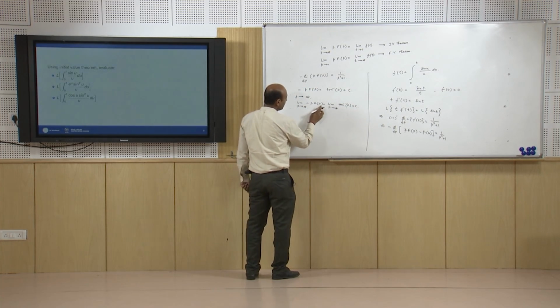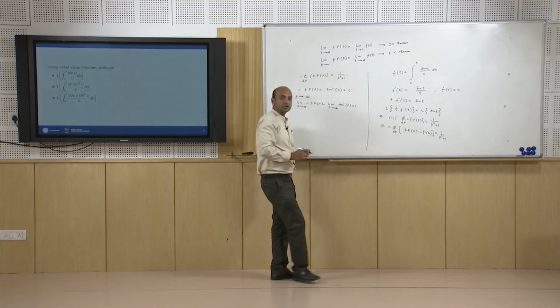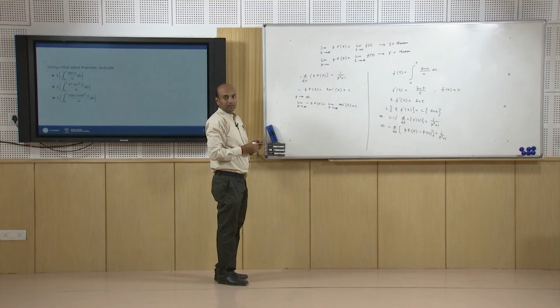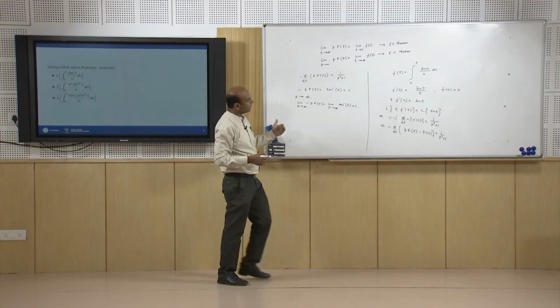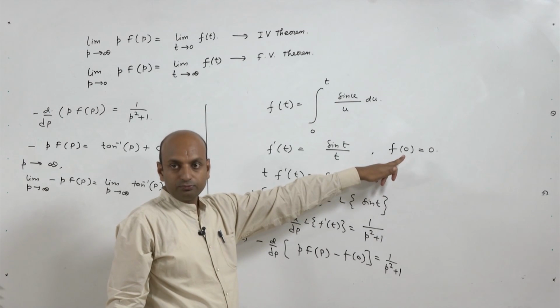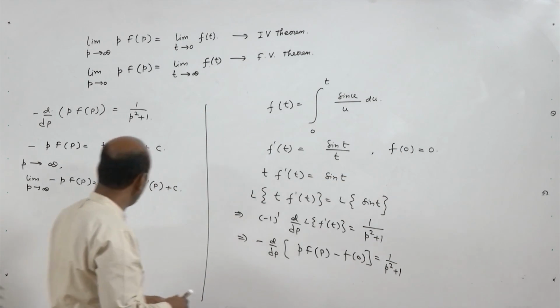Now, this quantity, by the initial value theorem, is nothing but limit t tends to 0 f(t), which is f(0) here, and that is nothing but 0.